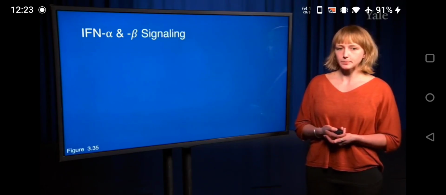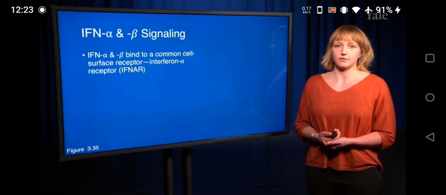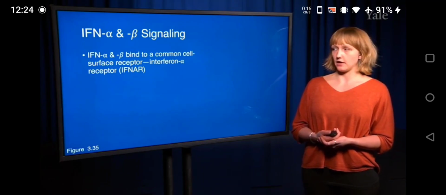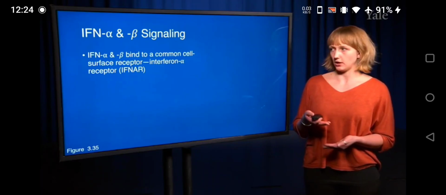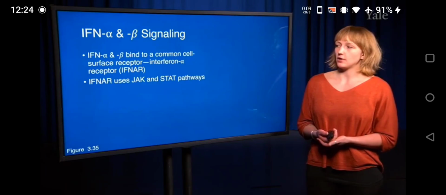Once type 1 interferons are secreted from the cells that have sensed the viral infection, interferon alpha and beta bind to a common cell surface receptor known as the interferon alpha receptor, or IFNAR. IFNAR then uses JAK and STAT pathways.